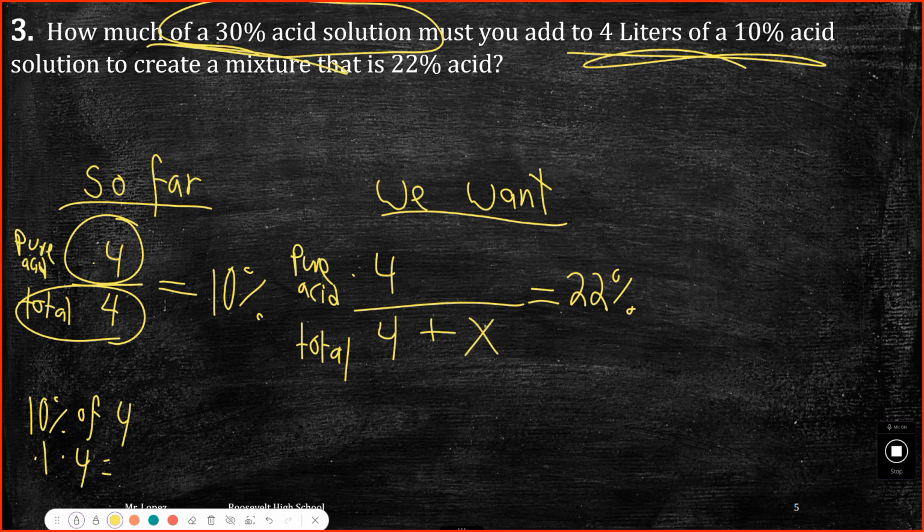Of this one. Now, the problem is what goes on top right here. How much of this is pure? What is it? 30% of it. So how do I write that down? Is that plus what? 0.3 and X? Yes or no? That makes sense, no? Yeah, that makes sense.